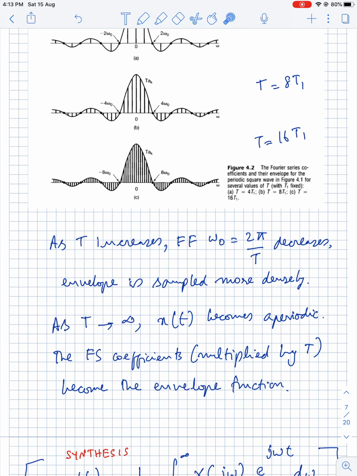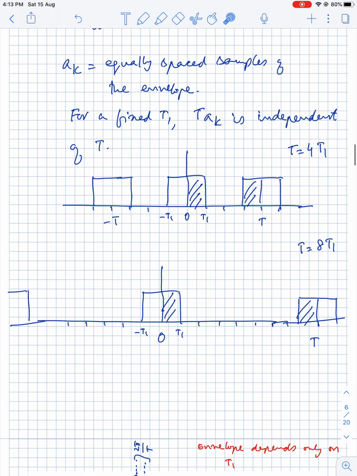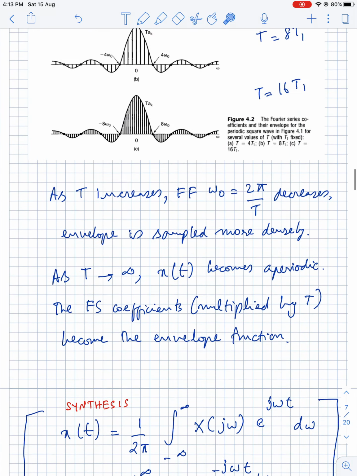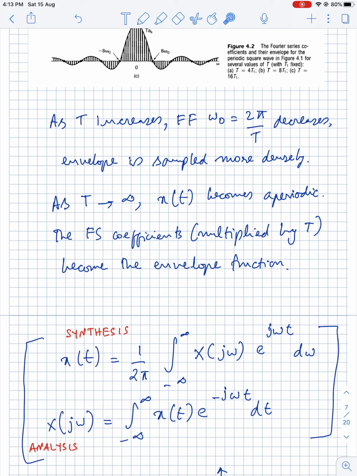So in the limiting sense, the Fourier series coefficients, that is the scaled ones, because here we have a T here, it is T times ak, as T becomes infinite, become the envelope function. So the closely spaced samples become more and more close, and finally it gets every point in the envelope, and that is how the discrete Fourier series becomes the continuous Fourier transform.